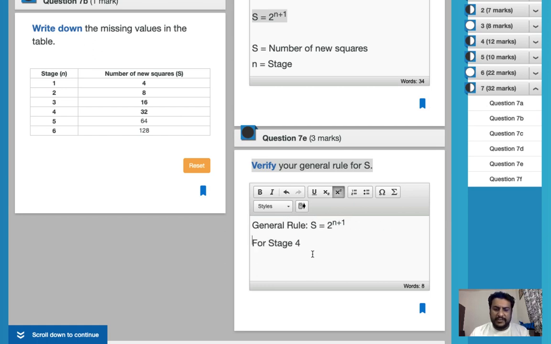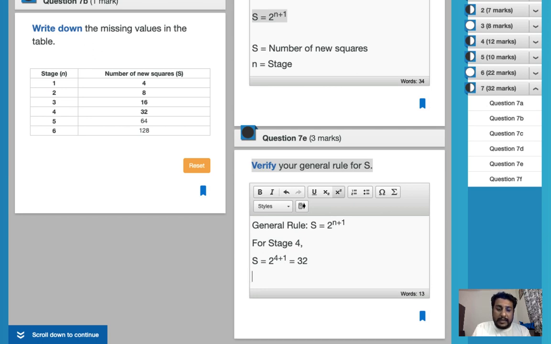Now for stage 4, S equals 2 to the power, again I write it down over here, simply using the copy command. I'll replace n with 4, 4 plus 1, which gives you 2 to the power 5, which is 32.